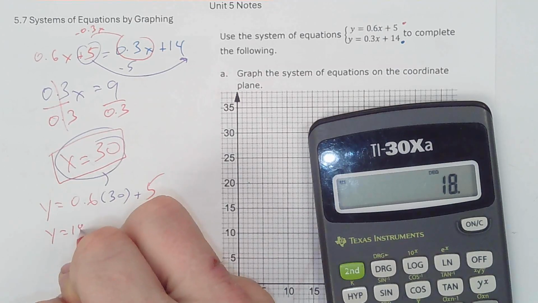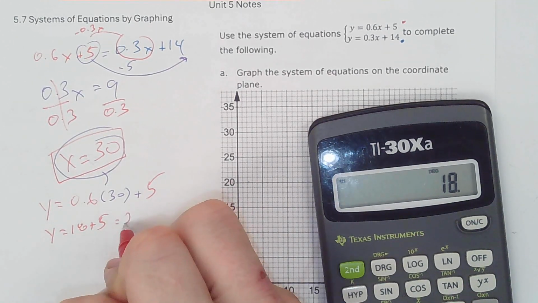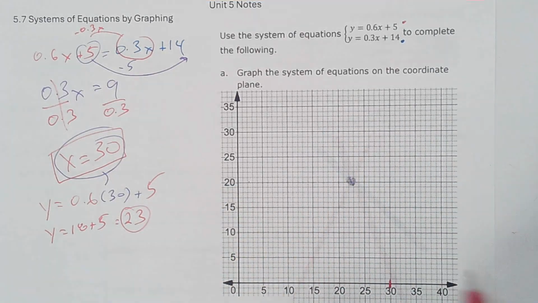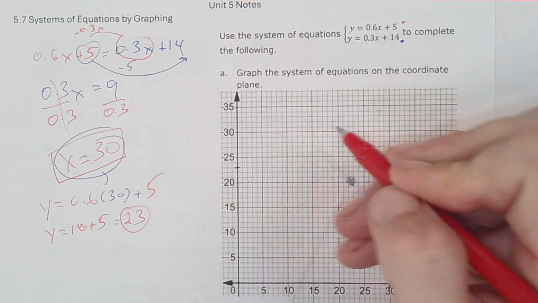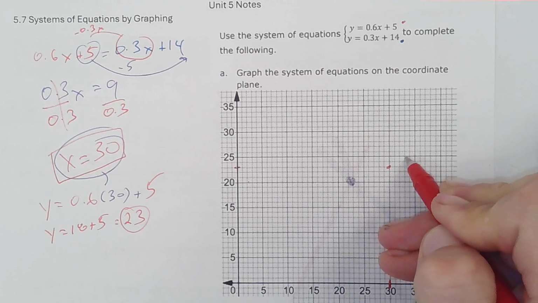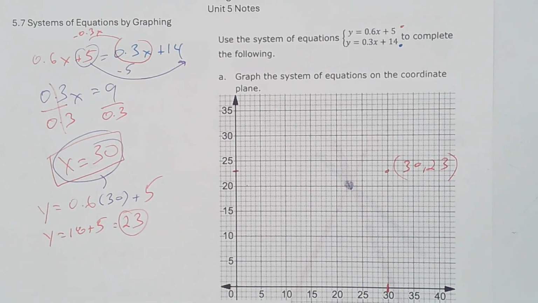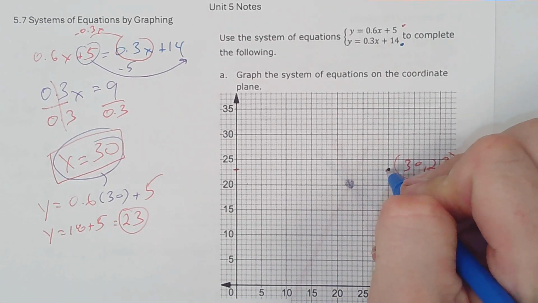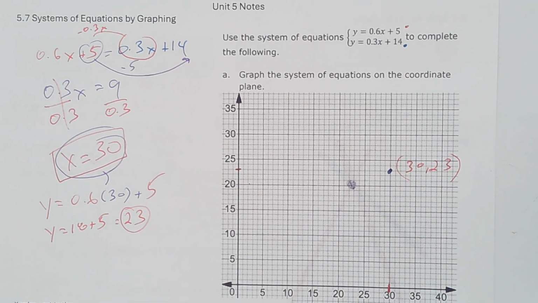So y equals 18 plus 5, which equals 23. So at the intersection of 30, 23 is where these two lines are going to intersect right here. So I have 1 point on both the lines.